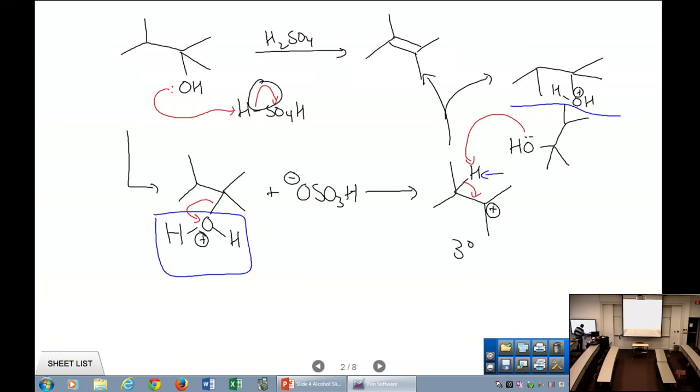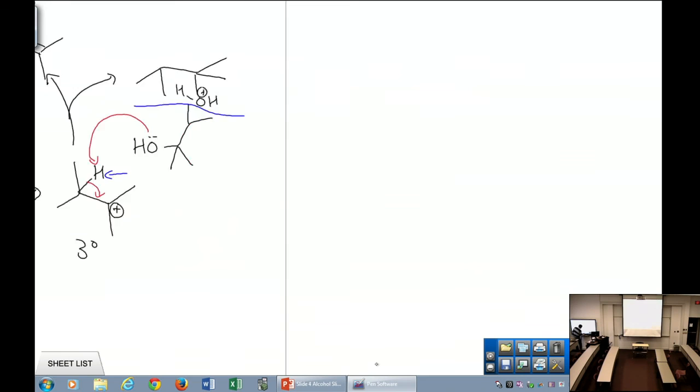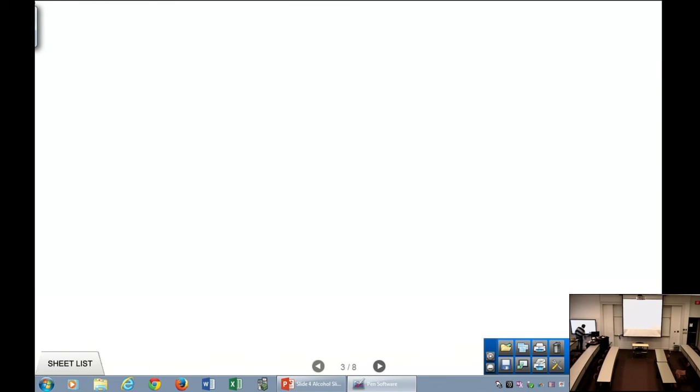Now, since it goes through a carbocation, you have to be mindful of possible rearrangements. Right? So if you've got, try the right thing here. Right, everyone's favorite thing, little 3-membered ring here.